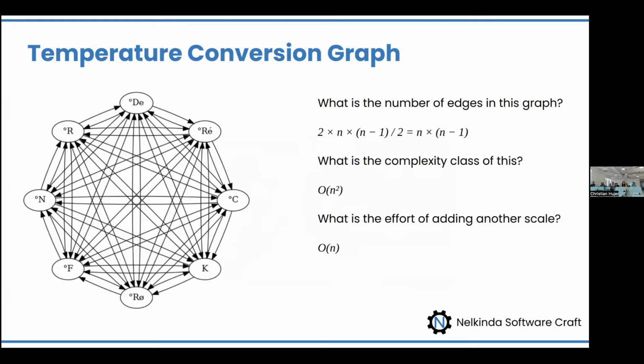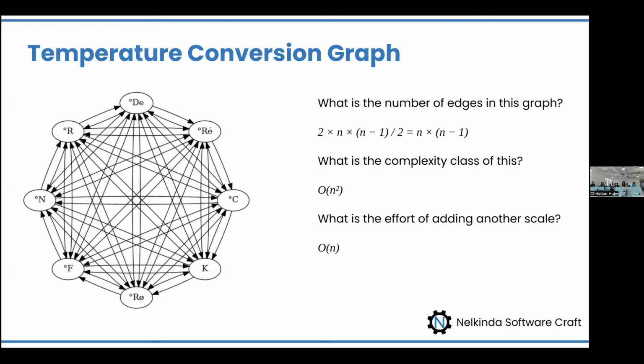That is a good suggestion to do. But what I'm looking for is a way to reduce the number of edges in the graph, right? That's what the n square means. The n square is the number of edges, and I want to reduce the number of edges. Any suggestions?